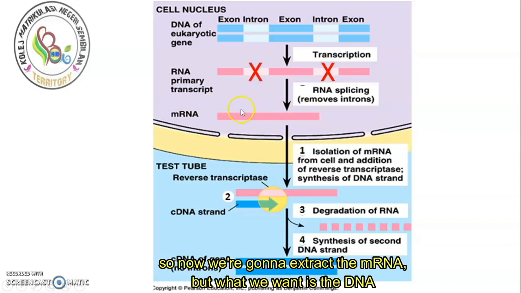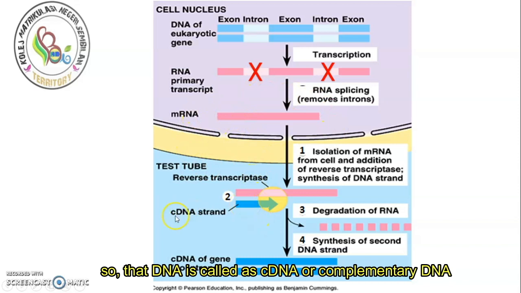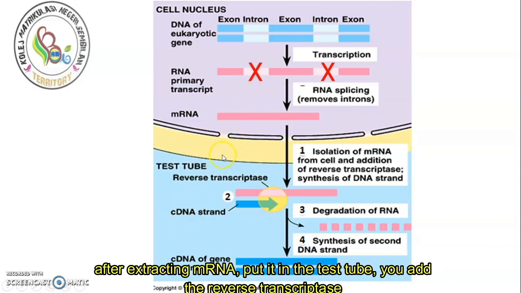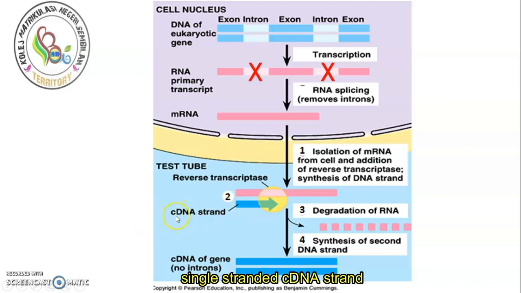So now we're going to extract the mRNA, but what we want is the DNA, so we need to change this mRNA into DNA. That DNA is called cDNA or complementary DNA. After extracting the mRNA, put it in the test tube, add the reverse transcriptase, and this enzyme uses mRNA as a template to produce a single-stranded cDNA strand.